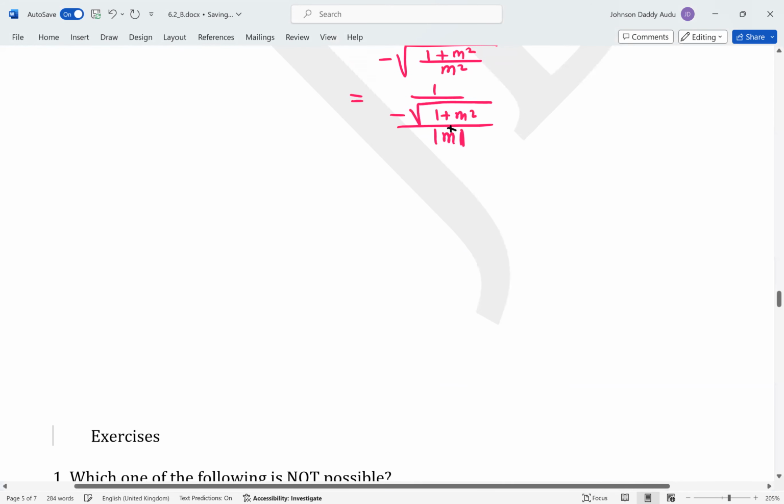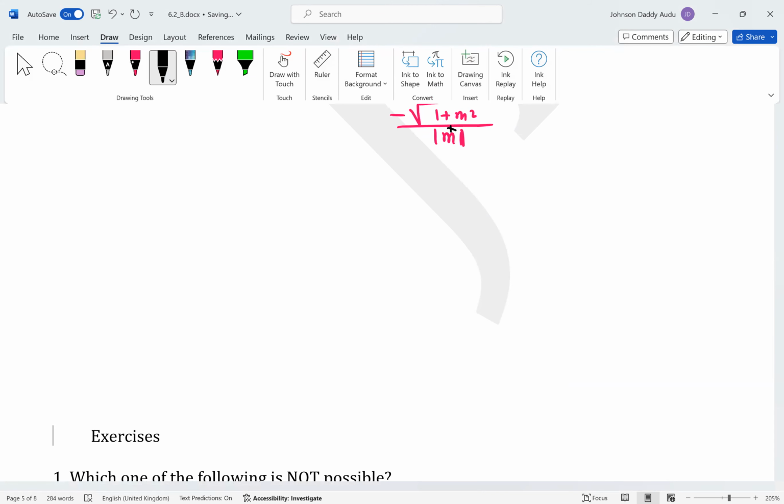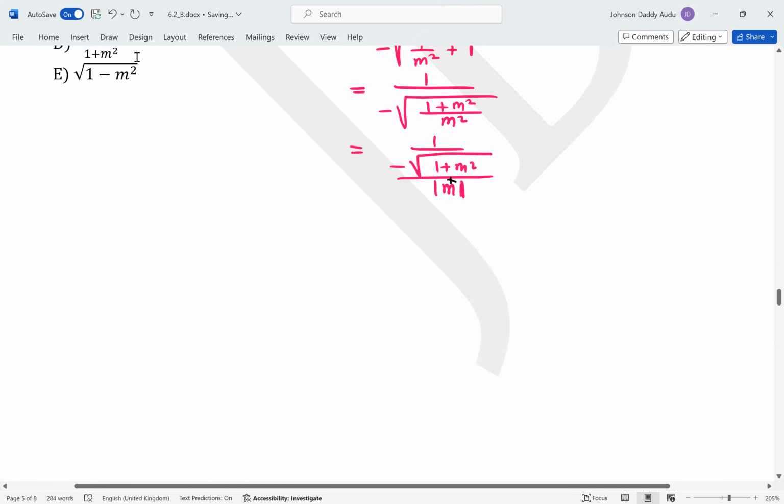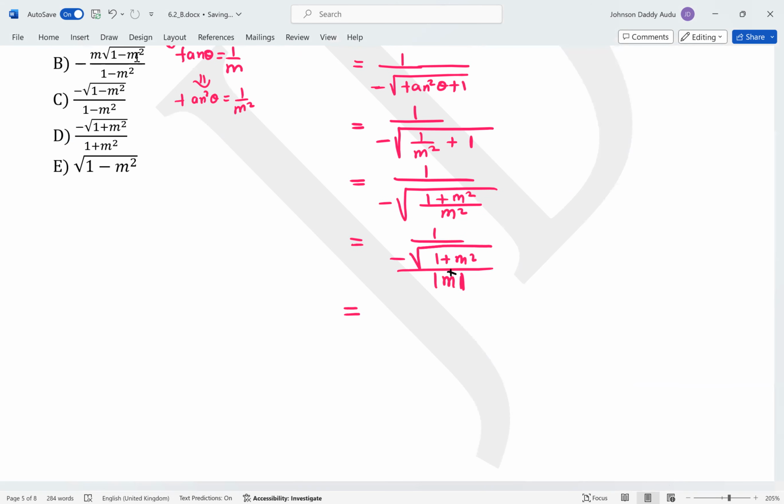So we can do away with it. Here, this will just be the same as minus 1 over, we can take the minus up, it's okay, the root of 1 plus m squared all over m. Now we can just take the reciprocal. This will be minus m over the root of 1 plus m squared.